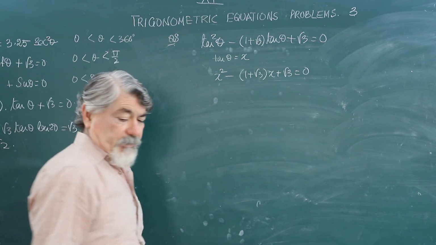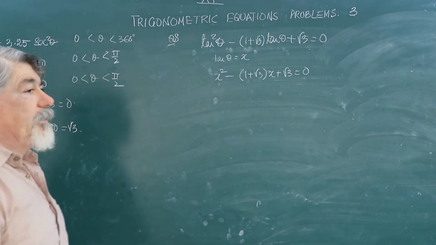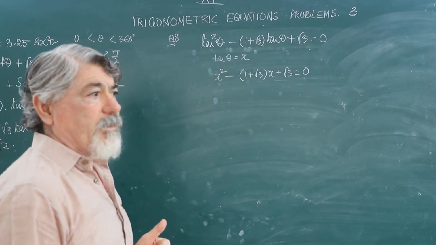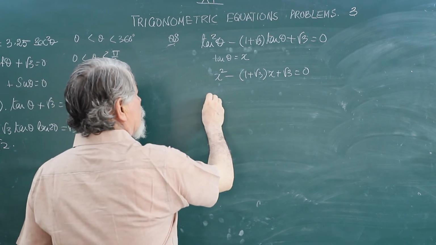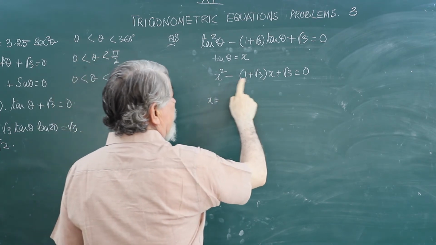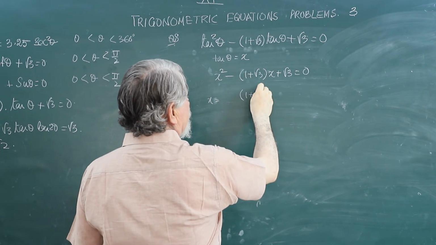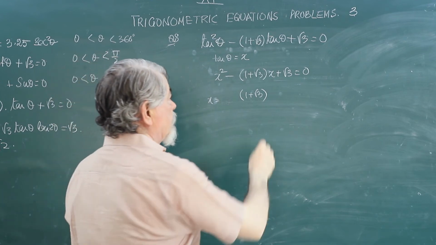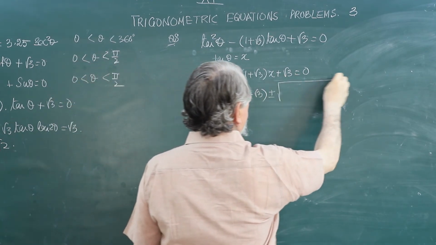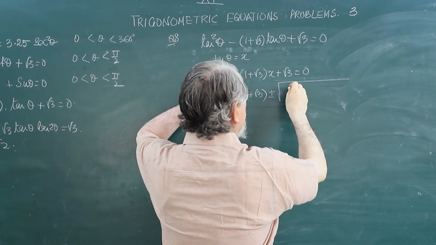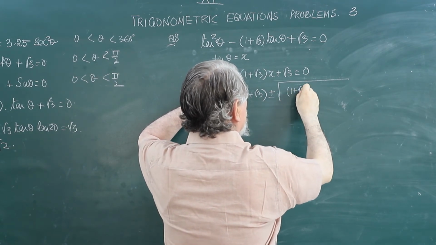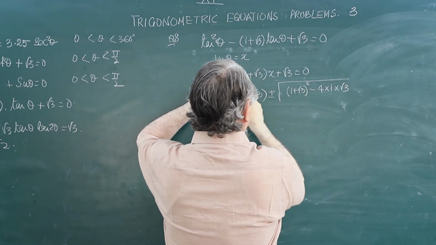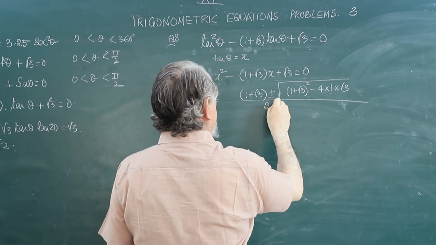This is a quadratic equation, and we are going to solve it by the formula x is equal to minus b plus minus under root b square minus 4ac upon 2a. So the roots will be x, minus b means 1 plus root 3, where the coefficient of x is b, plus minus under root of b square, which is 1 plus root 3 whole square minus 4, a is 1, c is root 3, upon 2a.